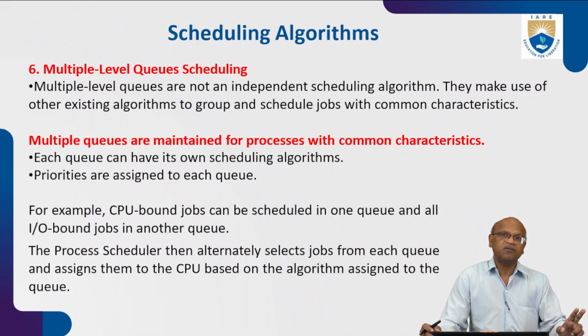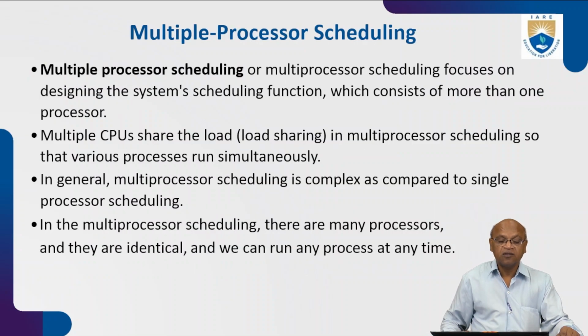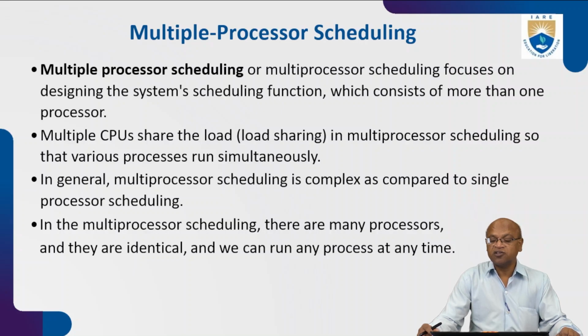So as we see in the queuing of the processes in the RAM, the process scheduler then alternately selects jobs from each queue as per the requirement and assigns them to the CPU based on the algorithm assigned to the queue. Now multiprocessor scheduling.